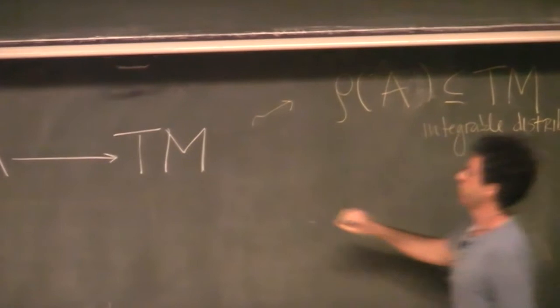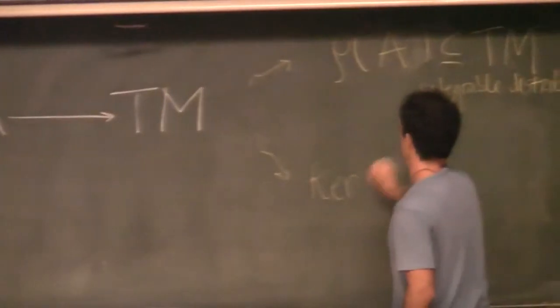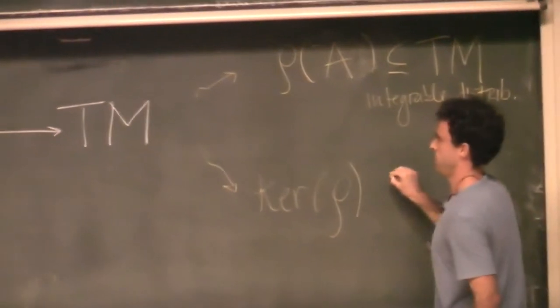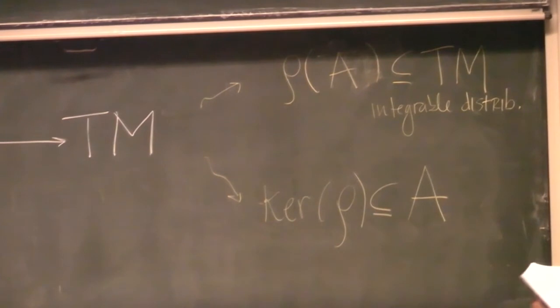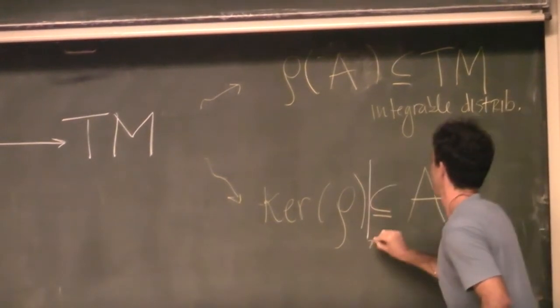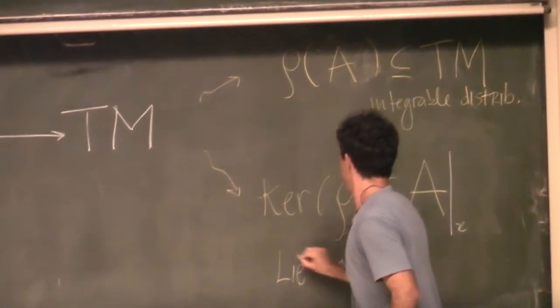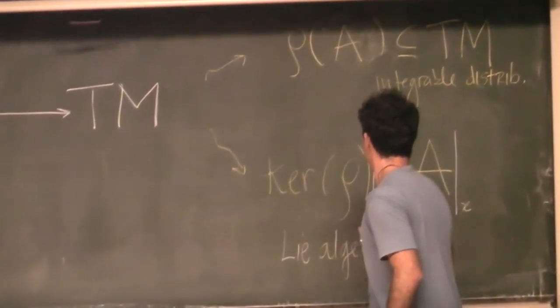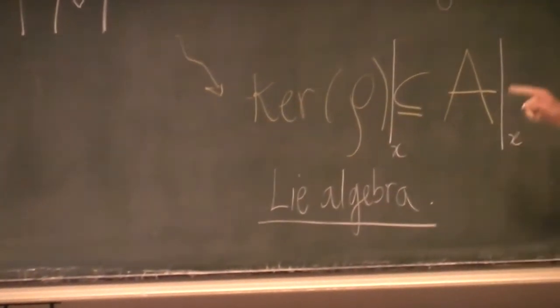And the other object you could look at is the kernel of this map. And it turns out that at each point of M, this is a Lie algebra. But just the kernel.